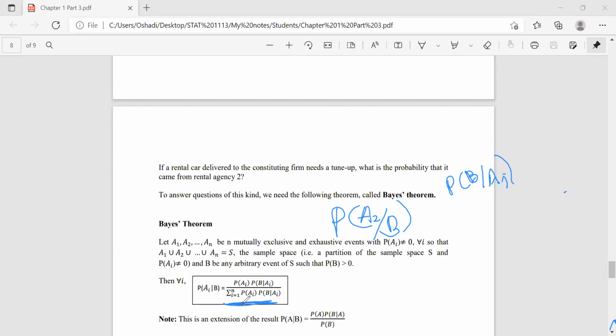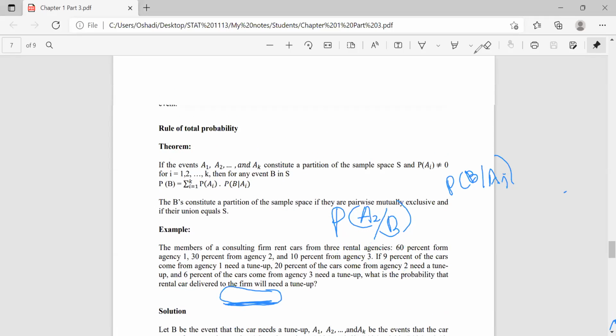This is P(B), the total probability of event B occurring. I think you can remember this.